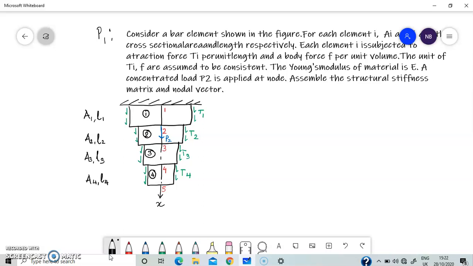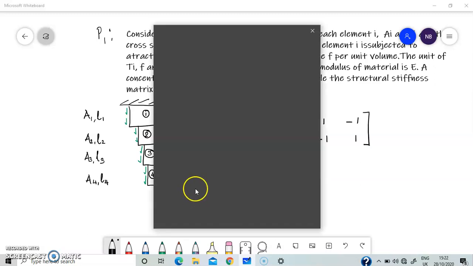The element stiffness matrix for each element will be given by Ki, and the formula is Ai E upon Li. This is the same matrix that we have derived in the previous lecture. So this is going to be the stiffness matrix.